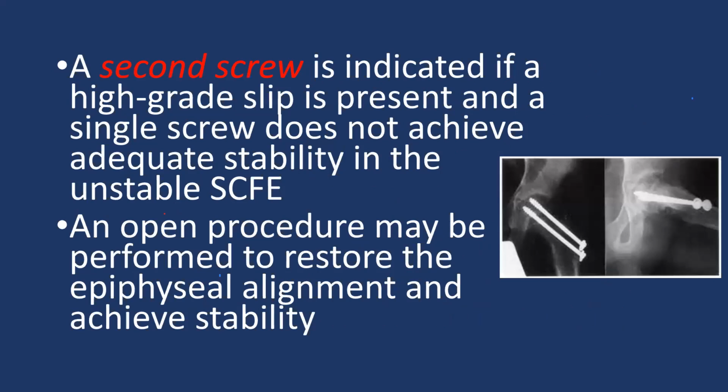A second screw is indicated if a high-grade slip is present and a single screw does not achieve adequate stability of the unstable slipped capital femoral epiphysis. An open procedure may be performed to restore the epiphyseal alignment and achieve stability.